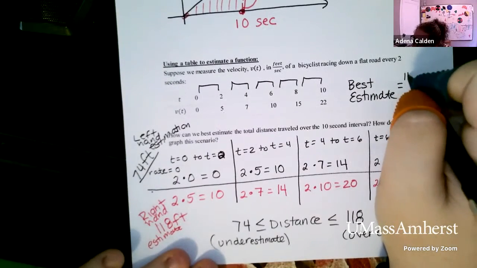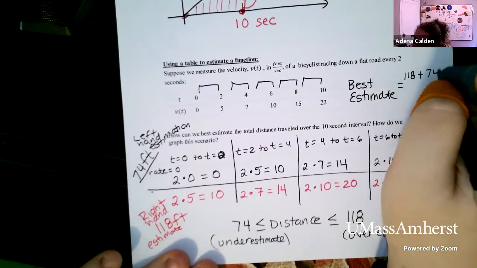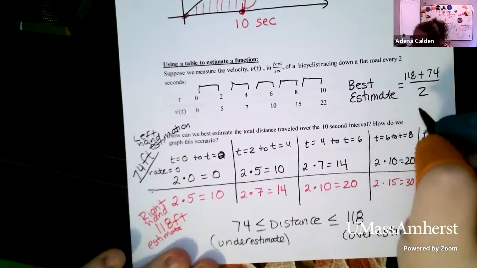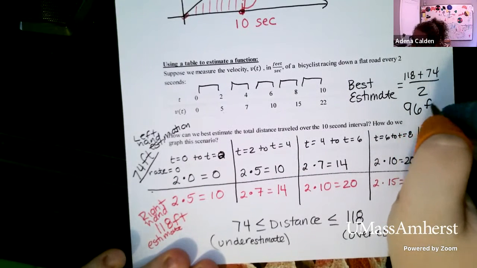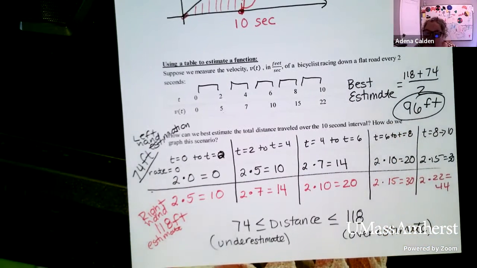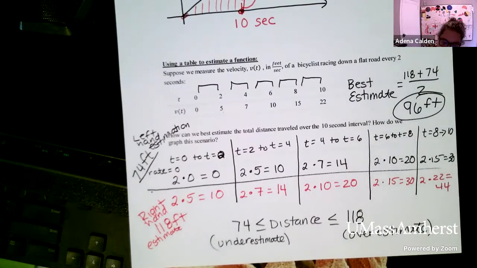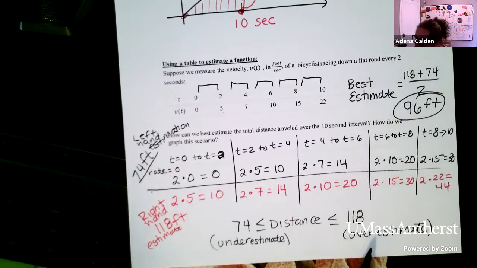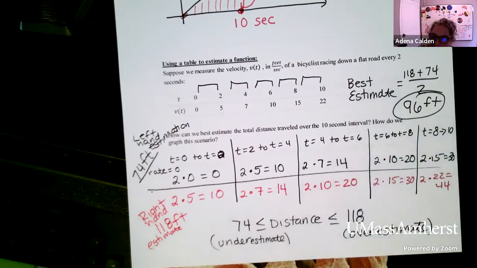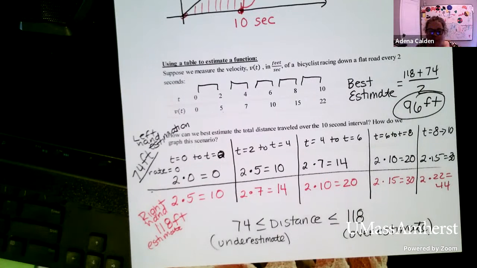So we're going to take 118 plus 74 divided by 2. And so our best guess here for the estimate will be 96 feet. Okay, so again, there are 3 distinct numbers that we are calculating here: the overestimate, the underestimate, and what's called the best estimate.